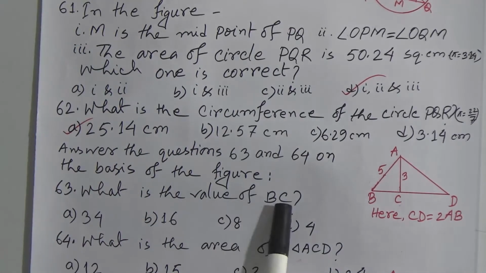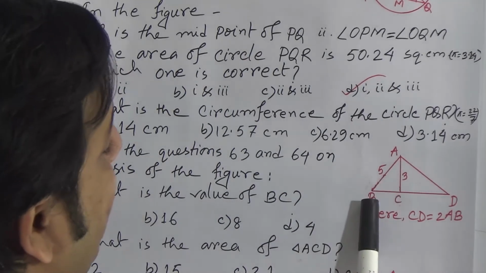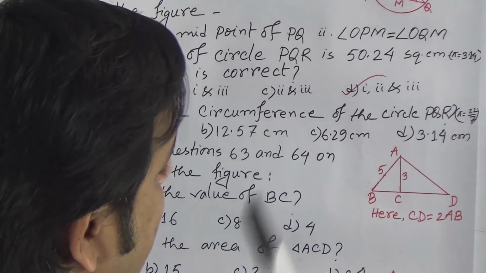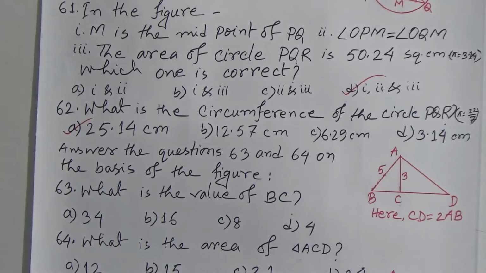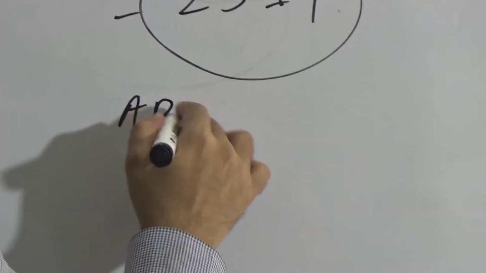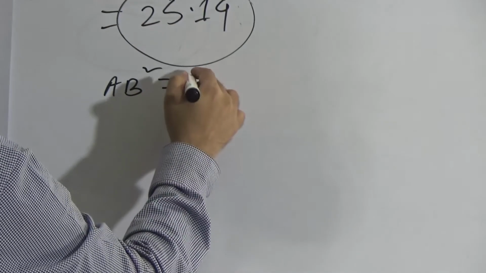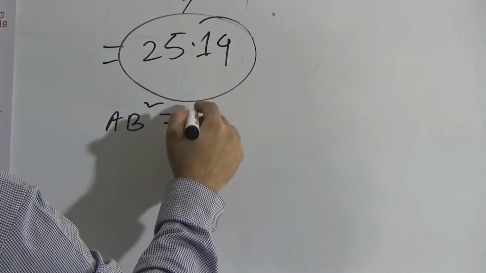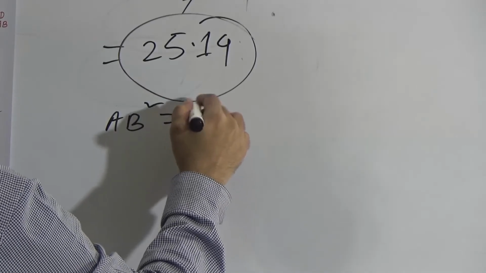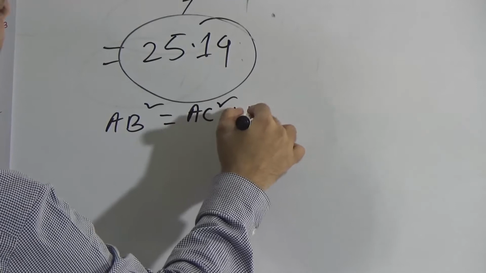What is the value of BC? To find BC, we need AB and AC. Dear students, you know that by the theorem of Pythagoras, AB square is equal to AC square plus BC square.